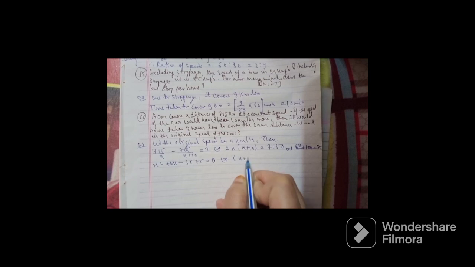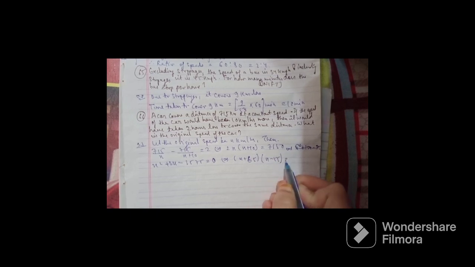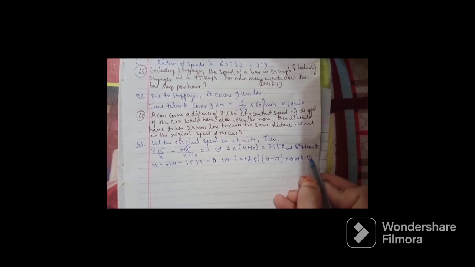So (x plus 65) and (x minus 55) equals 0. So x equals 55 kilometers per hour. That is what we have as an answer here.